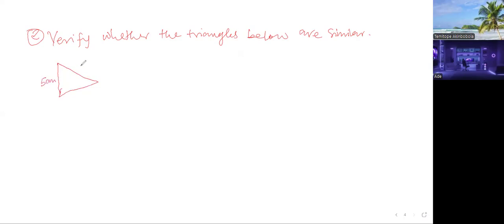Here is 5 centimeter. Here is 8 centimeter. 8 centimeter. Then the other one, 6 centimeter, 9 centimeter, 10 centimeter. Verify whether the triangles below are similar.